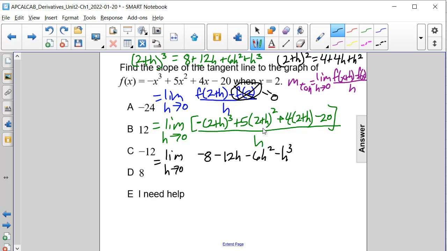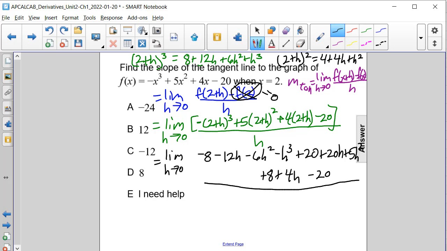And when we distribute the 5 through to all of these terms, it will simplify to plus 20 plus 20h plus 5h squared. And then we still have a plus 8 plus 4h minus 20 at the end. And then this whole thing is being divided by h.